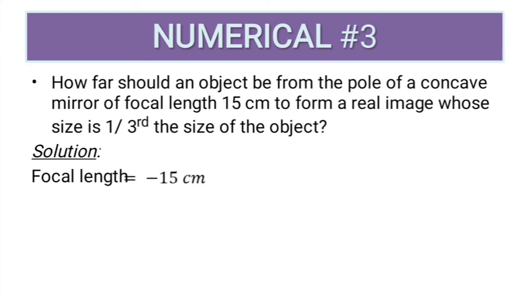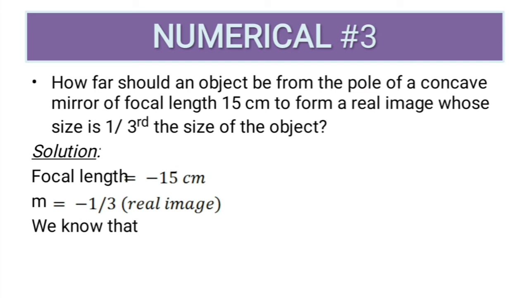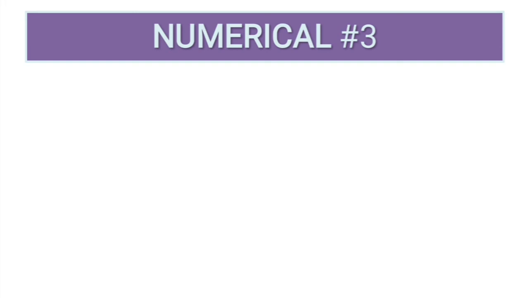So focal length is nothing but minus 15 centimeter, and the size of the image is 1/3 of the object, a real image. So we know that m is equal to minus v upon u. So magnification is nothing but minus image distance upon object distance.